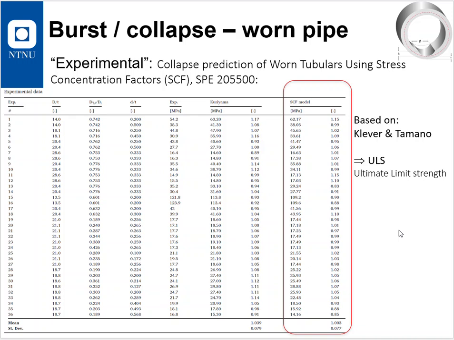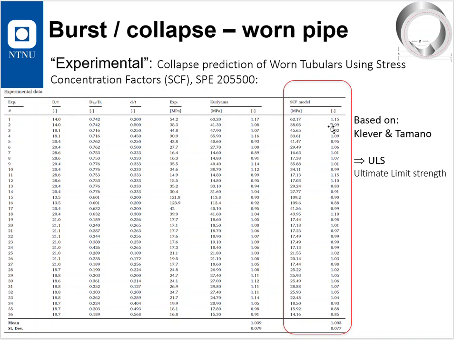And you see the oldest, and I don't know many methods of calculating collapse for worn pipes. The one that we found that had some reference in the industry and application and was kind of accurate was the Kuriyama model.